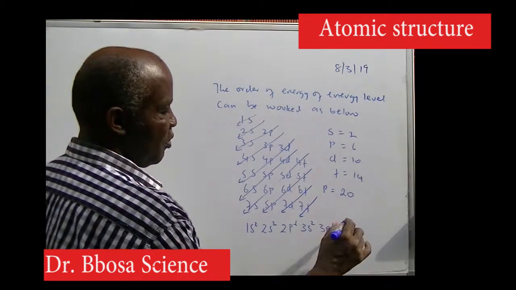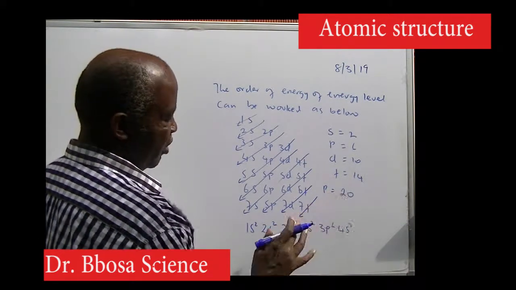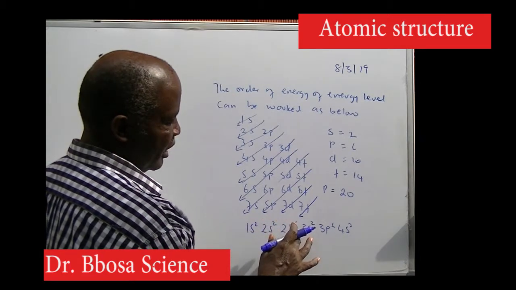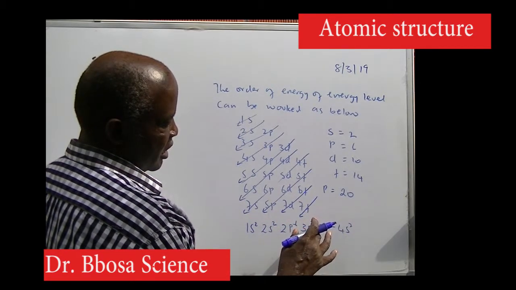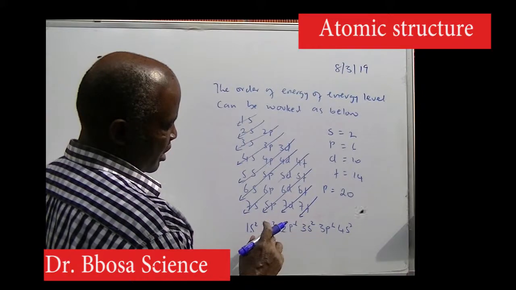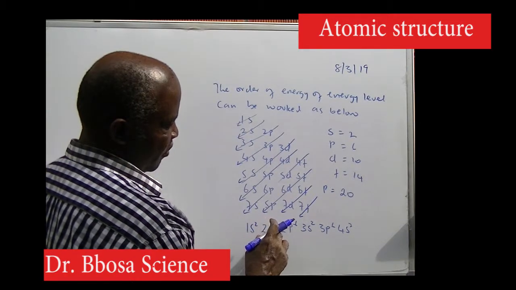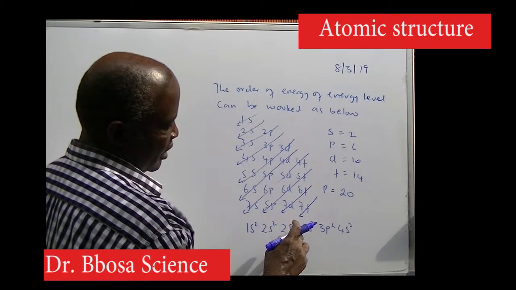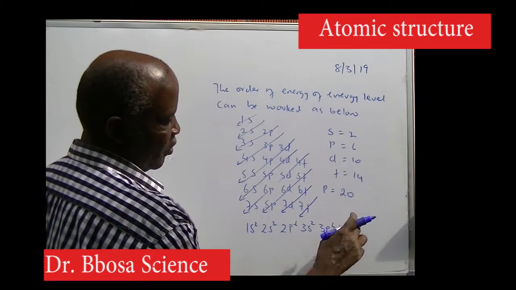So for an element with 20 electrons, the running totals are 2, 4, 10, 12, 18, 20.